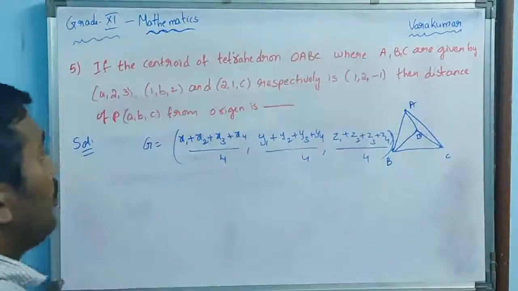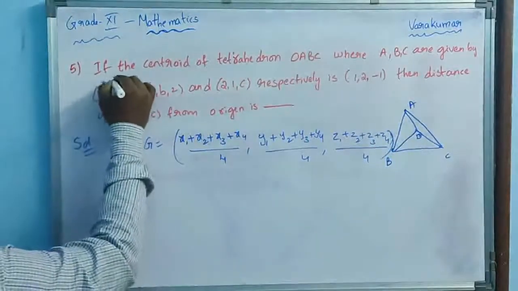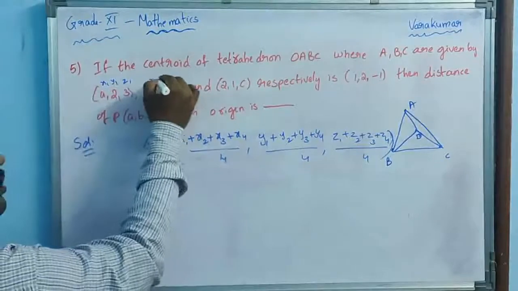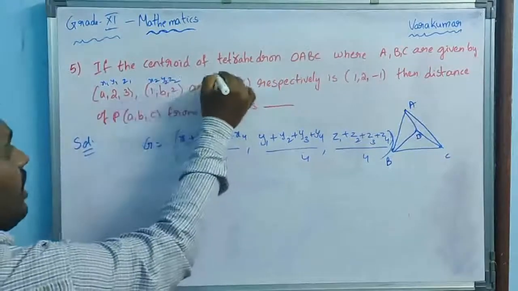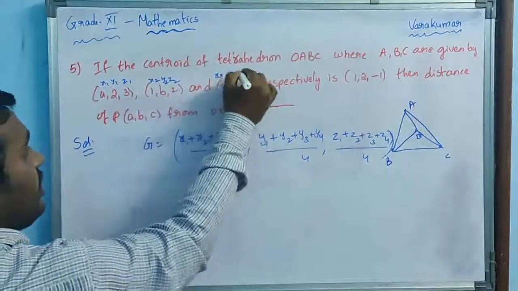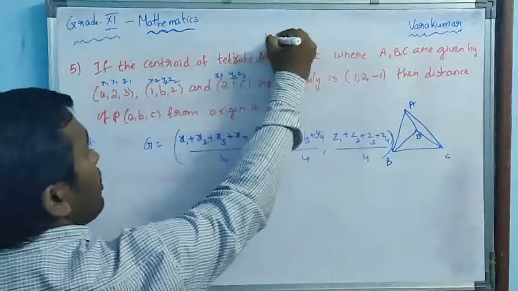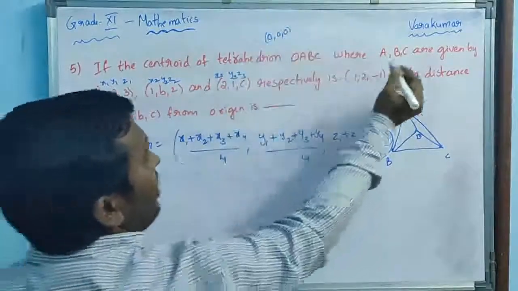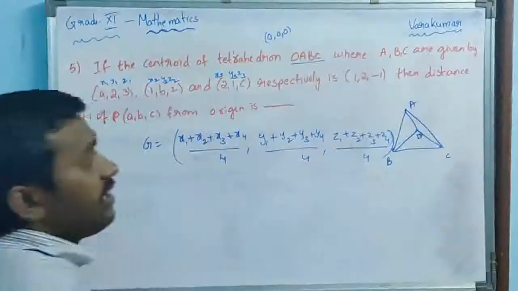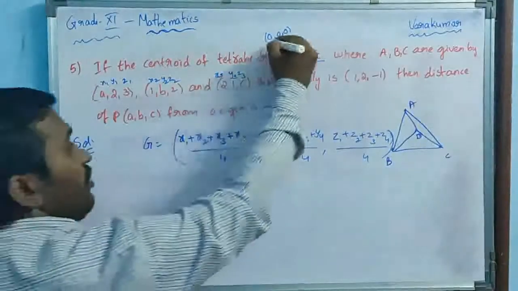Clear? Now the given points are (x1, y1, z1), (x2, y2, z2), (x3, y3, z3), and (0, 0, 0), because it's OABC. So that is (x4, y4, z4).